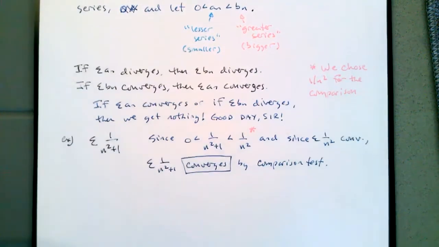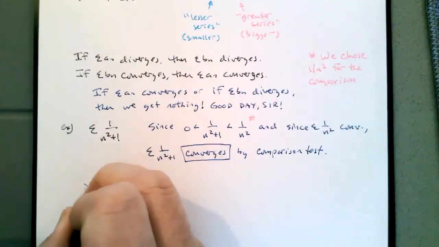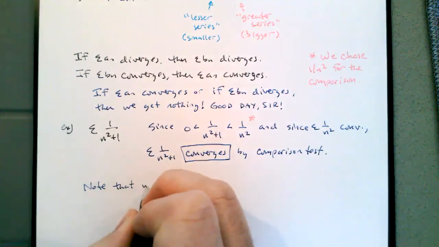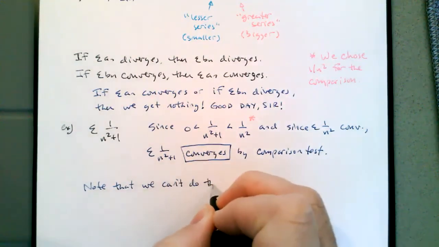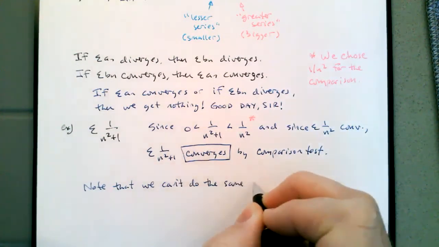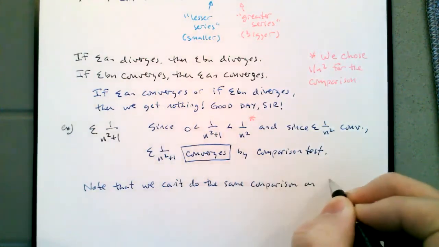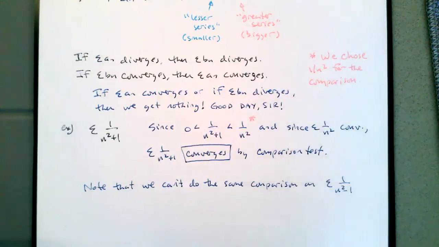So notice that we can't do a comparison on 1 over n squared minus 1, because the inequality goes the wrong way.